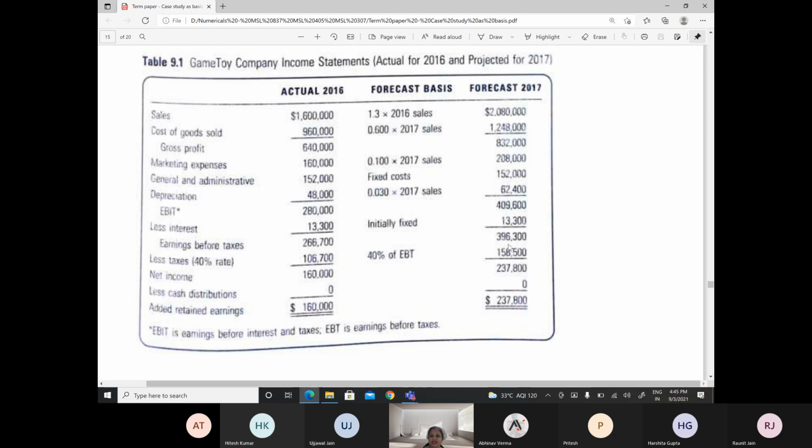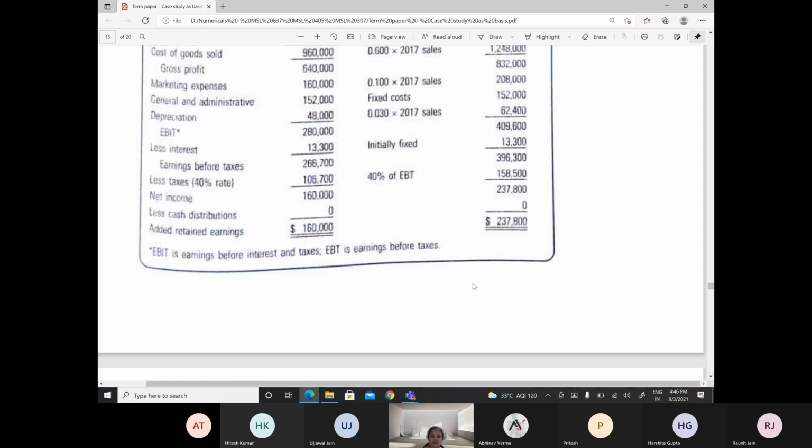So we get EBT of 396,300. From this we take out taxes of 40% on EBT, which is 158,500, and it gives us a net income of $237,800. Okay. So the additional retained earnings, assuming that we are retaining all of our net income, is 237,800. So this is much higher than the retentions we were calculating initially.